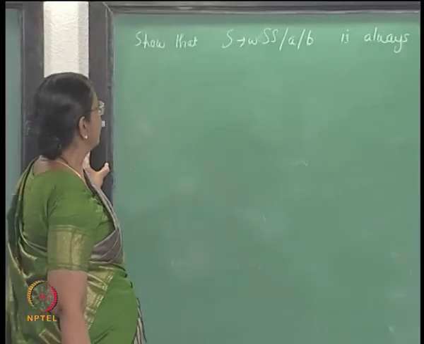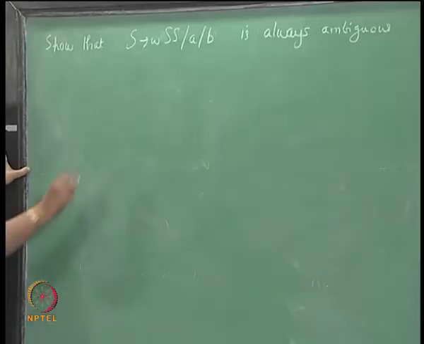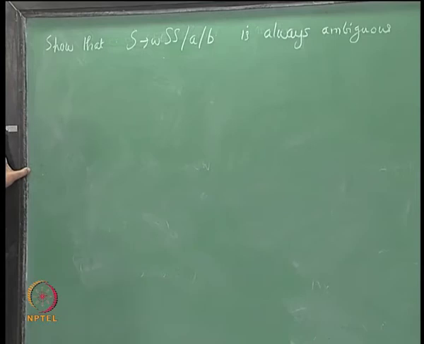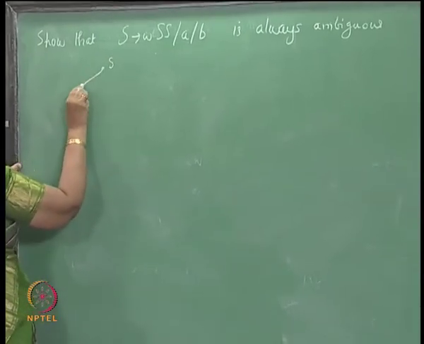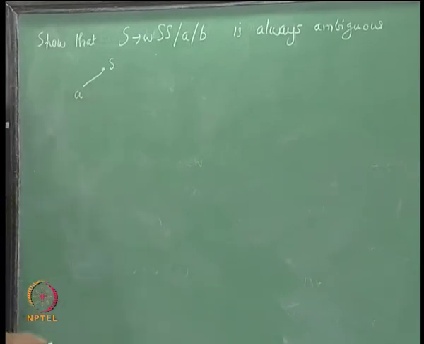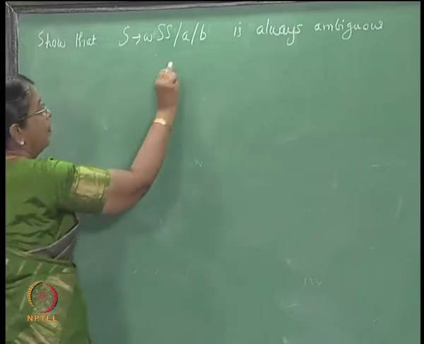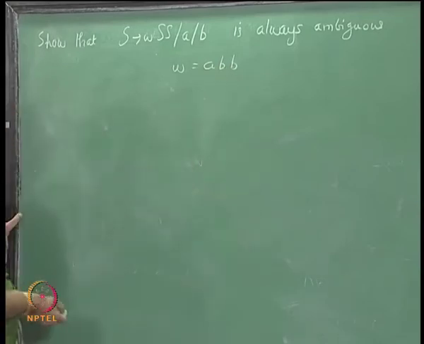Now, let us take an example slightly different from the other example. You can show that this is always ambiguous. How do you show that? Suppose I take an example, suppose W is ABB, some string.